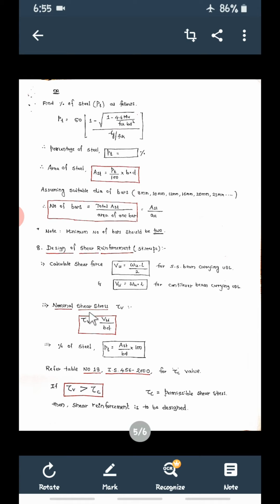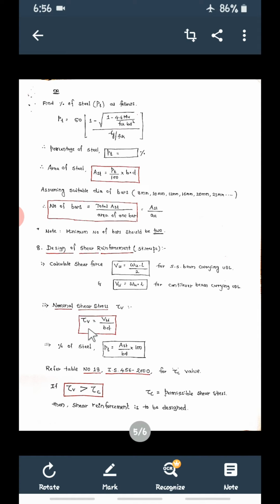Nominal shear stress means how much shear stress is coming on the beam, indicated as tau V. Remember this term, nominal shear stress tau V. Tau V is equal to Vu divided by B into D. Vu is known and B into D is already known. So calculate nominal shear stress tau V.